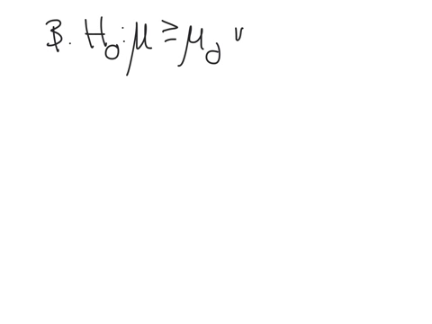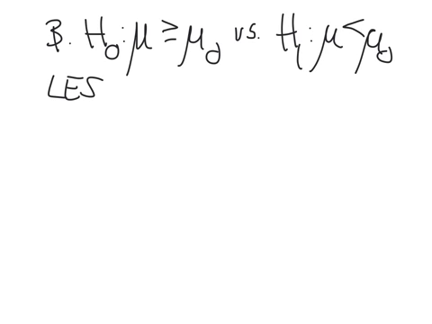The second case, which is case B, that's H0: mu greater than or equal to some mu sub 0 versus H1: mu less than mu sub 0. Okay, so it might just come right out and say less than.